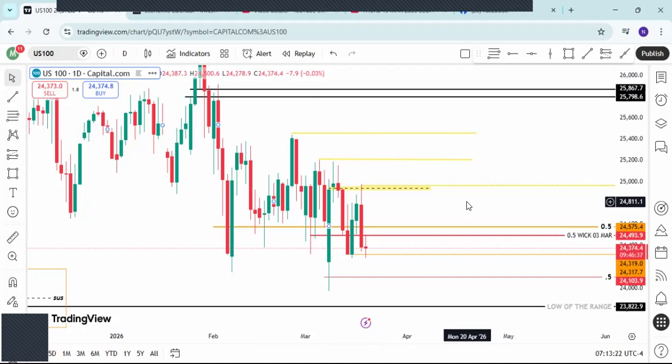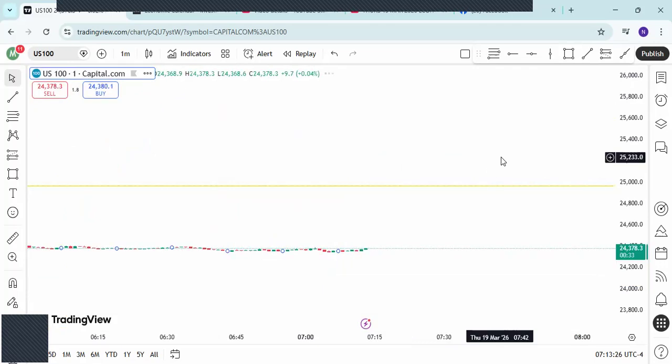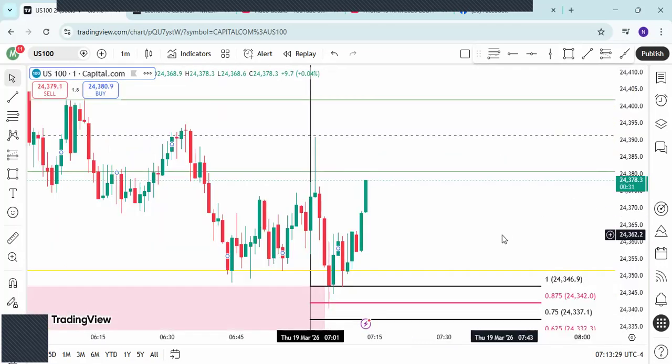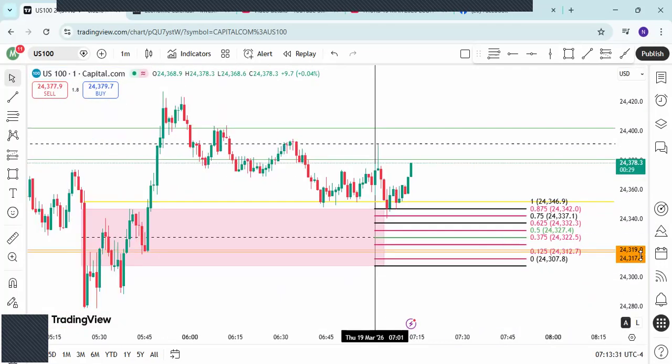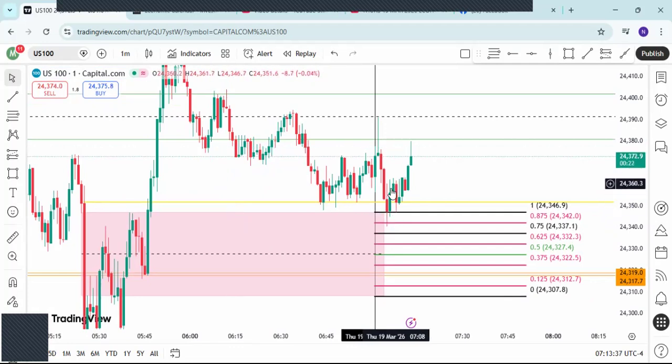So now, okay, this is beautifully being used now. Premium sensitivity here. It's just telling us that it wants to go higher. That's beautiful.